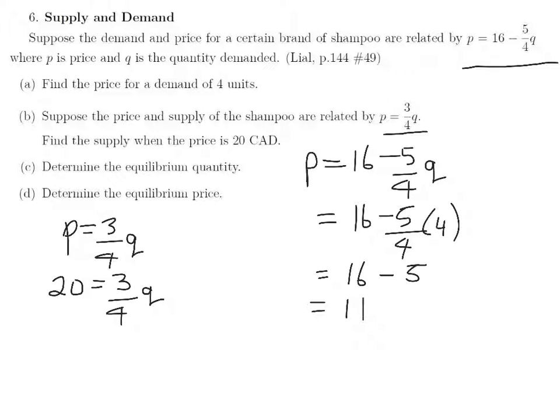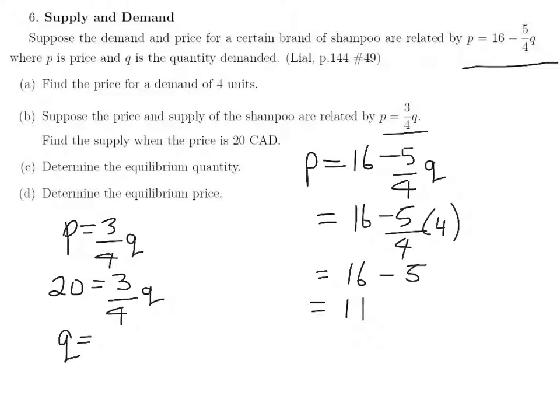So we're going to divide both sides by 3/4, and again, if you don't like working in fractions, you can convert the fraction here to an equivalent decimal, which would be 0.75. And either way, you're going to be dividing both sides by that amount.